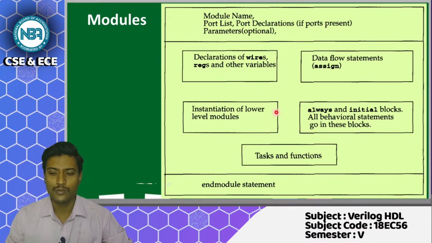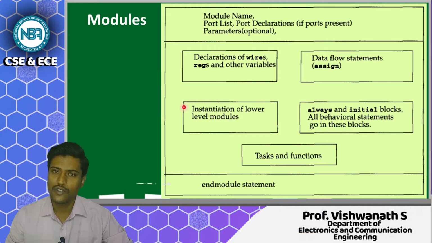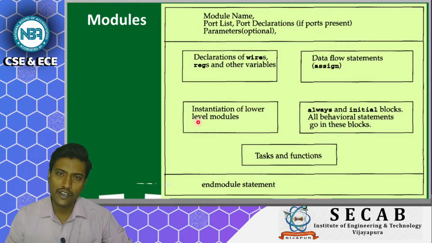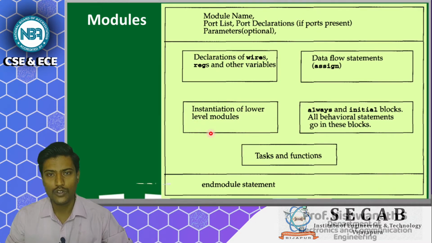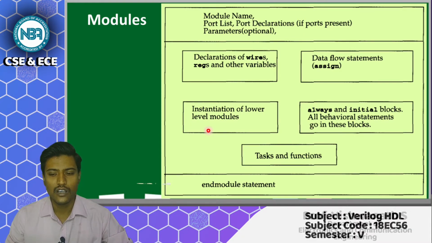This particular block we had seen in the top down approach, right? In the top down approach we have a top module. That top module is divided into sub modules. The sub modules are again divided into sub modules, or if we have a leaf cell, then we leave it there.